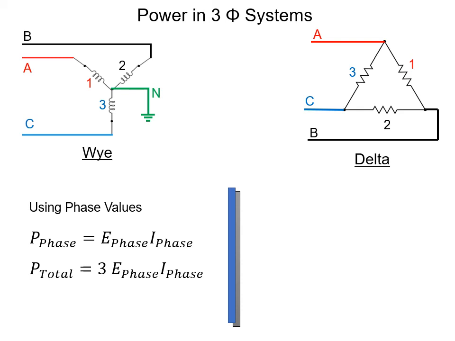And so that would be root 3 E phase I phase would give us a line value. If I wanted to add a third line to the other two, I'd have to multiply it by root 3 again, because there'd be an additional 120 degrees of separation. So if I'm using line values, our total power equals root 3 E line I line.